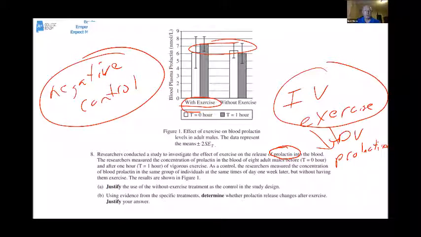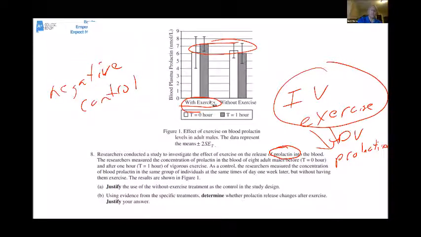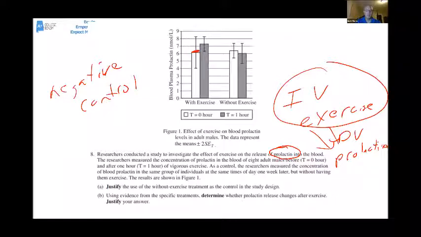B, using evidence from the treatments, determine whether prolactin release changes after exercise. And really, the point would be, here's where we didn't exercise. Here's an hour after. And even though it looks like exercise, that the prolactin levels go up after an hour, the error bars overlap.